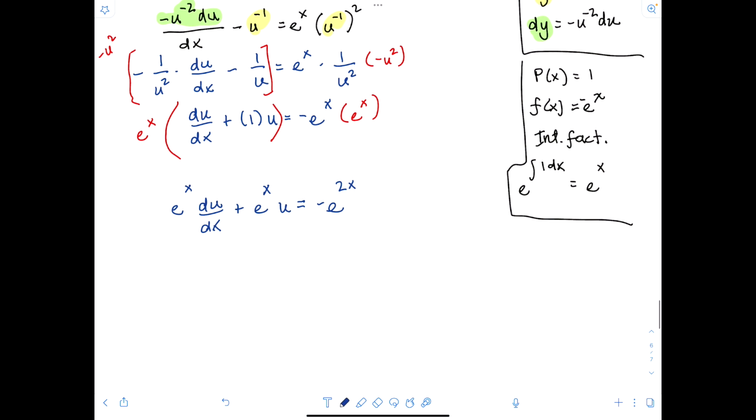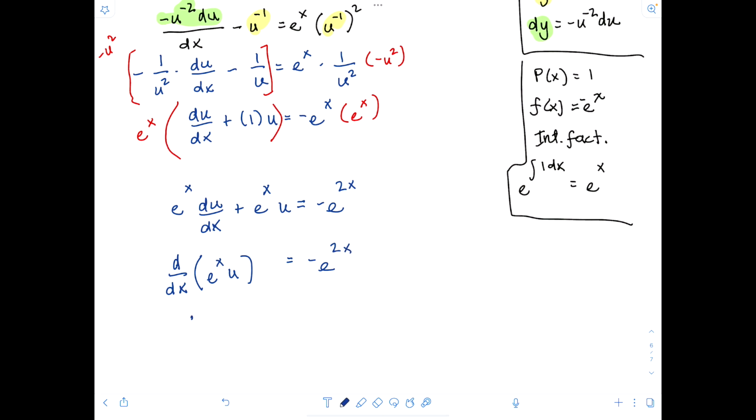Now remember, the left-hand side is a derivative with respect to x. So if you rewrite the left-hand side as d dx of e to the x times u, do you see that the line above is its derivative? And so we'll have negative e to the 2x on the right side.